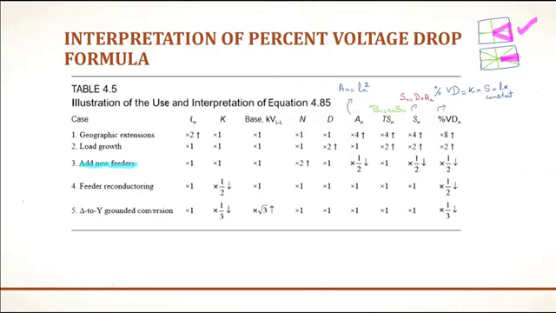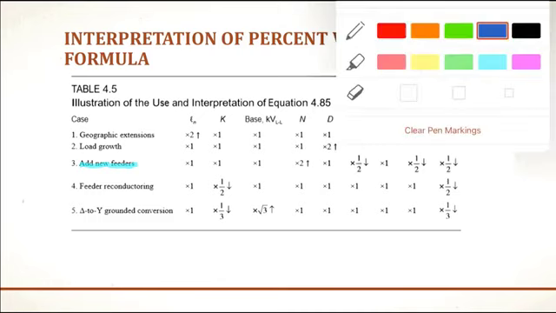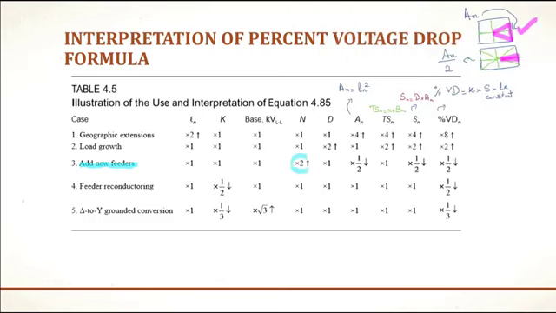So I can say that if this is the area served by one feeder, in the second case this area reduces to 1/2, provided that the number of feeders is doubled. So it means if you increase the number of feeders, the area served by one feeder reduces to 1/2. Now let's see the impact on total load.